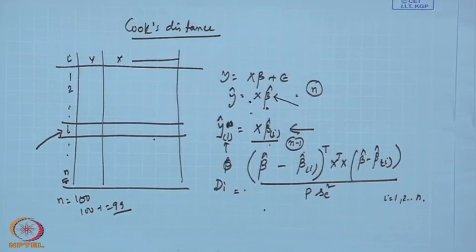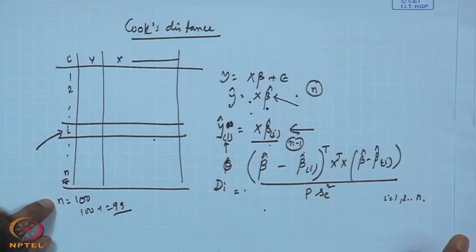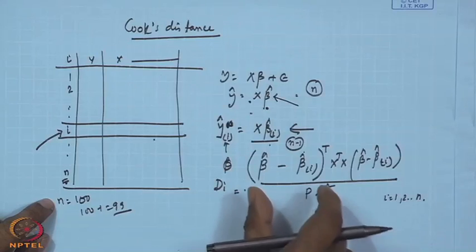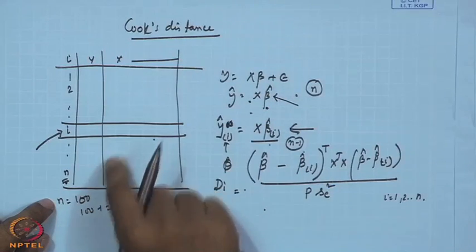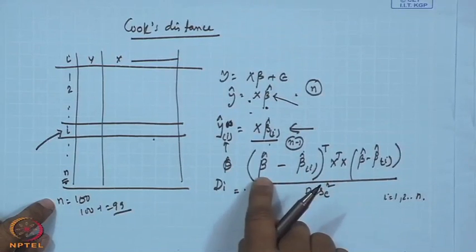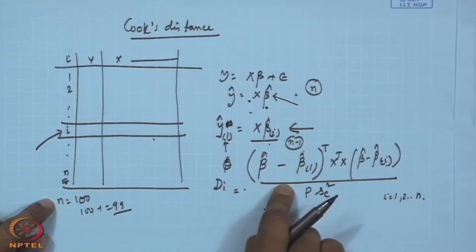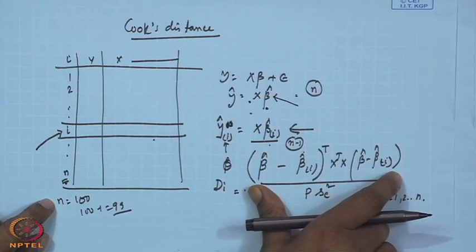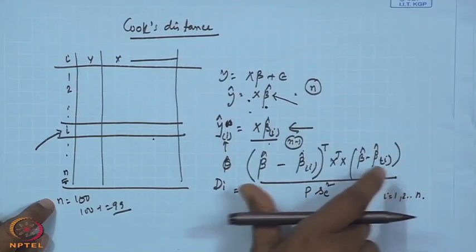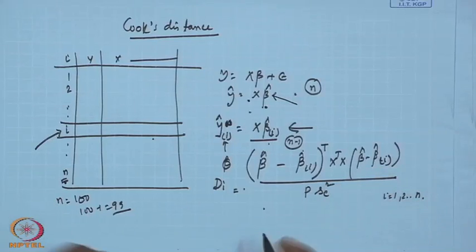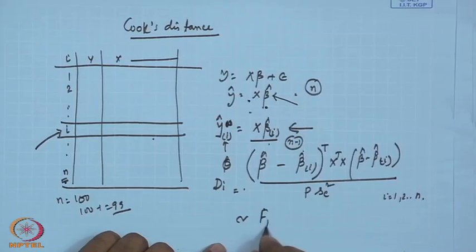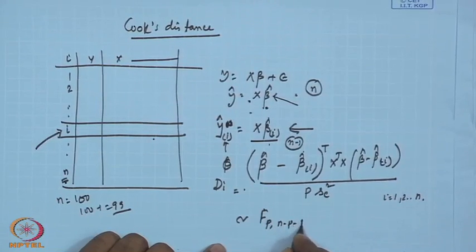So, we created this type of statistic. You eliminate the ith observation, do the second round in regression modeling, find out the beta values, you have several x values, these are vector values or matrices of the order p plus 1 cross 1, and then you create this statistic, the Di, which follows F distribution with p and n minus p minus 1 degrees of freedom.